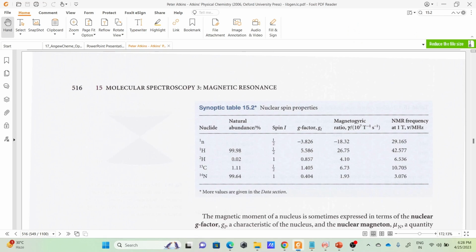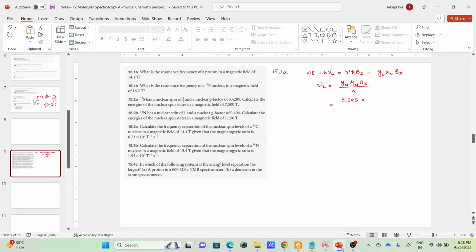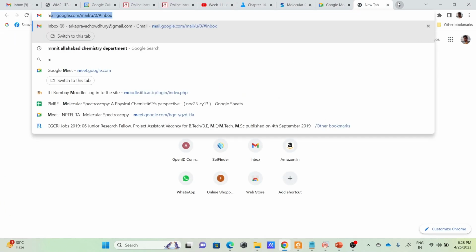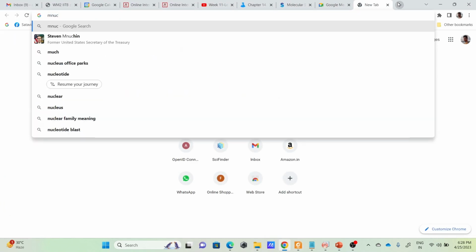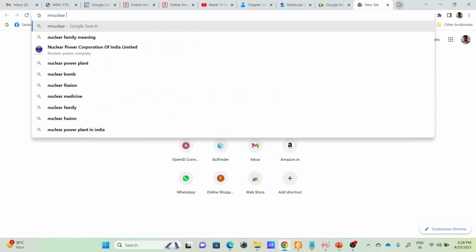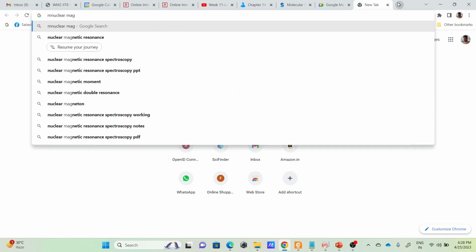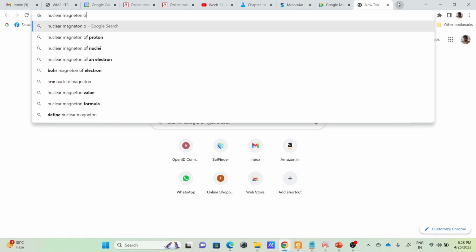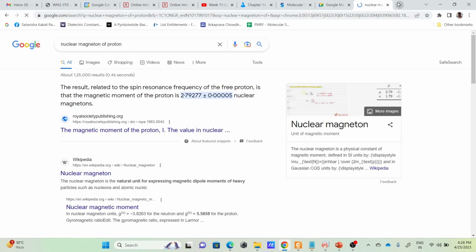Actually, it's not here. We can also try to find it out. What is the nuclear magneton of proton, right?